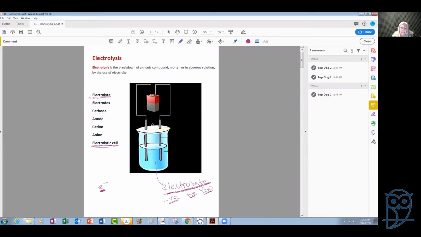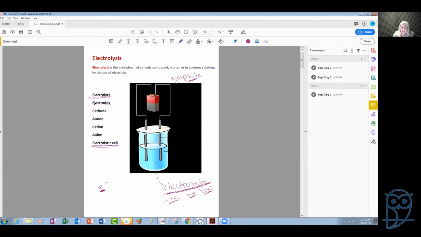Now, you see inside the cell, inside this container with the liquid, the electrolyte, we have those two rods inserted. Usually those two rods are made of graphite, which is like the pencil leads. You know what is inside the pencil that we write with? This is graphite.